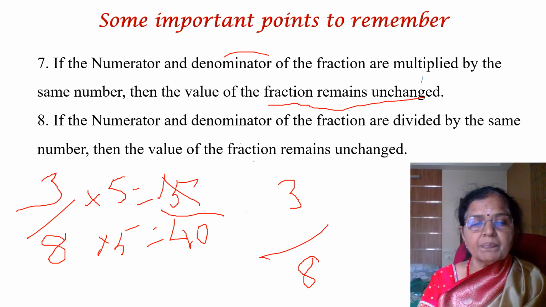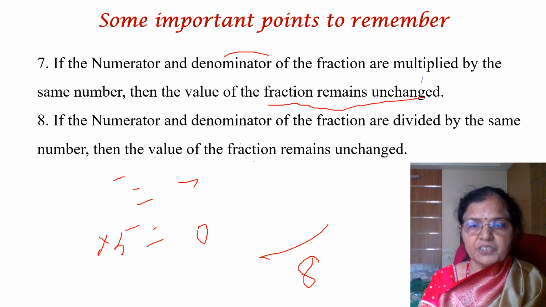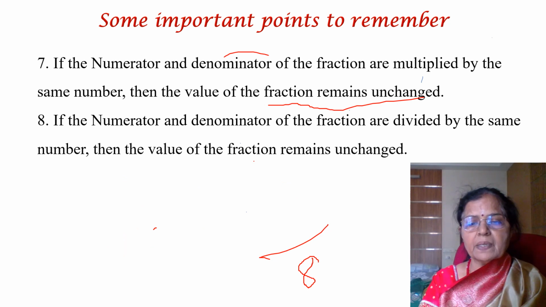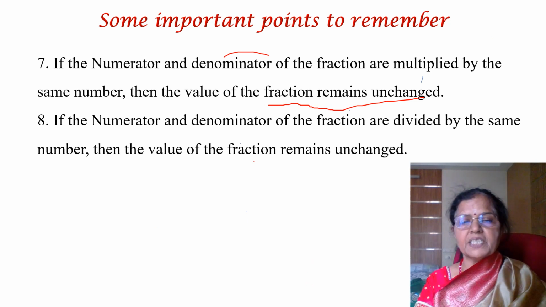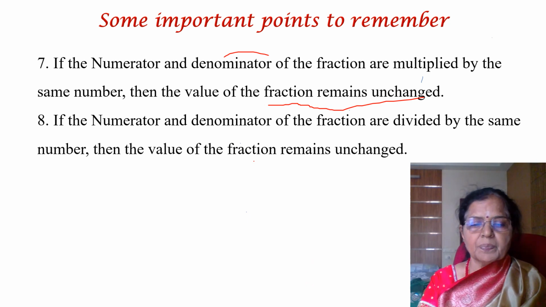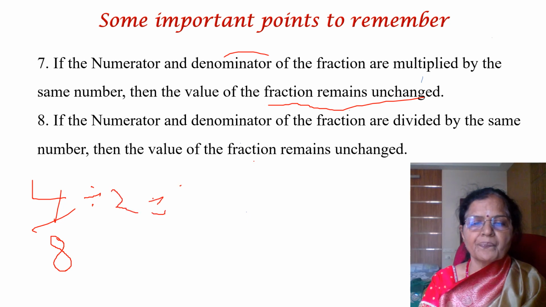And it is the same case with division also. So if both the numerator and the denominator are divided by the same number, the value remains unchanged. Suppose we'll explain this with an example. Suppose this is a fraction 4 by 8. You divide both the numerator and the denominator by 2. 4 divided by 2 is equal to 2.